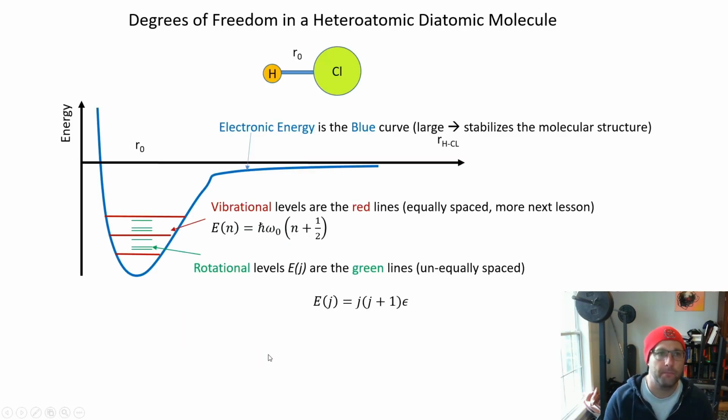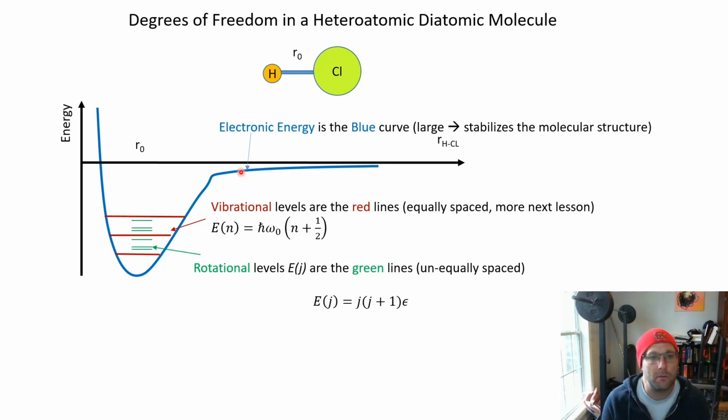So I just want to draw this picture because this is kind of the general idea behind molecular degrees of freedom. You've got the electronic energy as this blue curve that has a deep potential well. And so the x-axis here is the distance between the hydrogen and the chlorine atoms in the molecule. When they're very far apart, they're just isolated atoms.